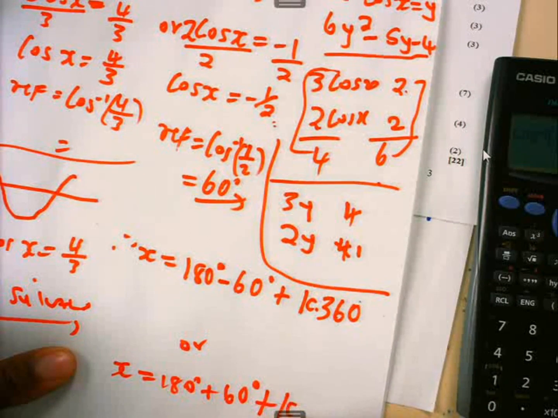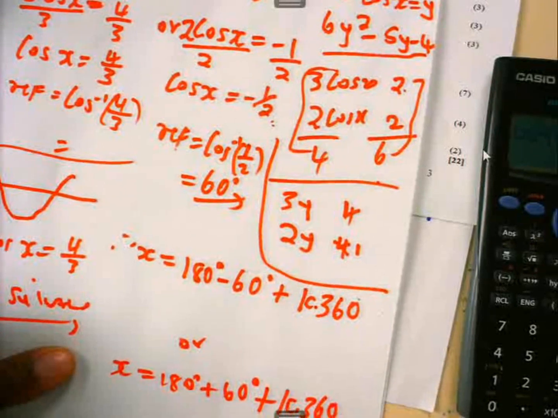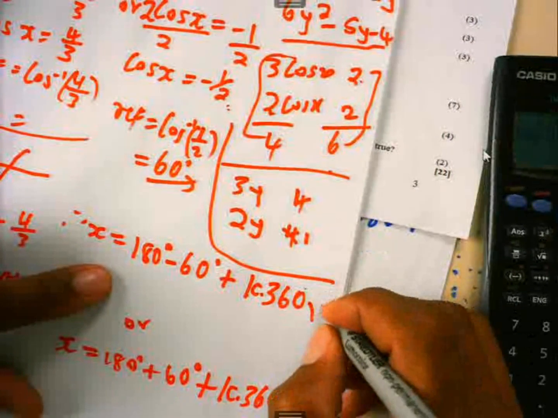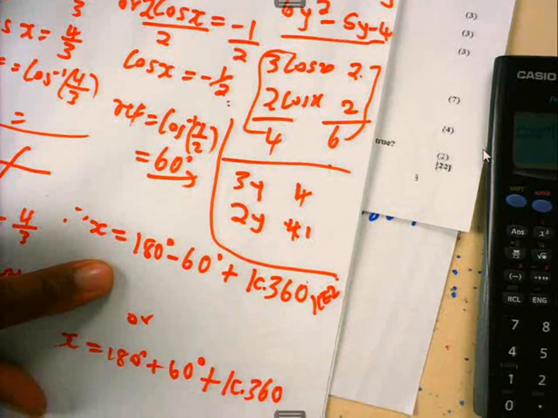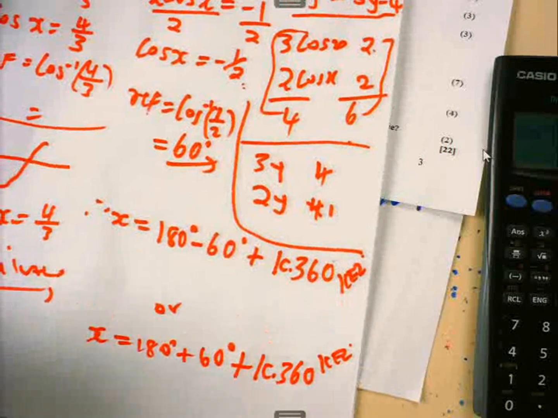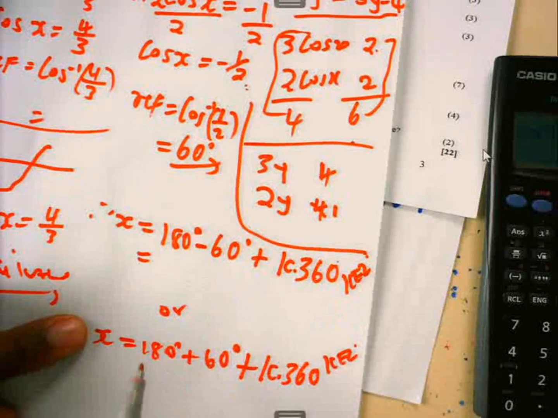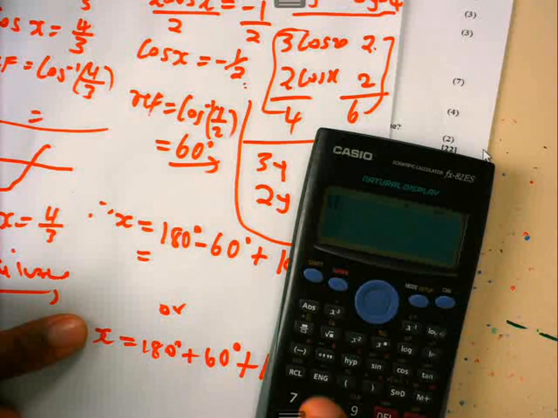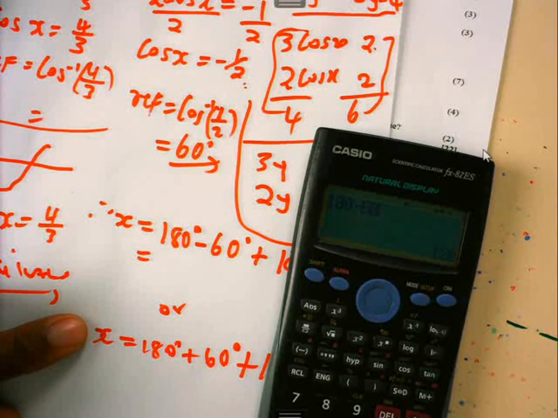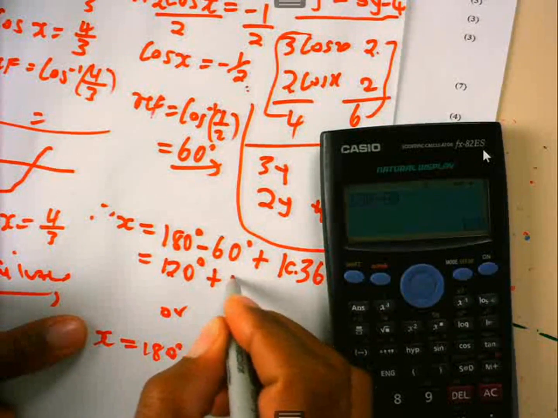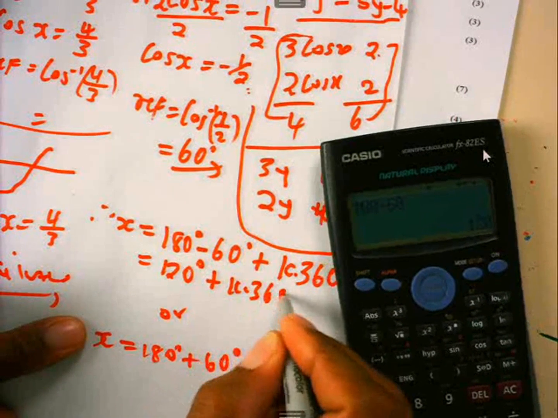Then we add k times 360. The important part that you must not forget is to write k is an element of the integers. Now we can solve: 180 degrees minus 60 gives 120 degrees plus k times 360.